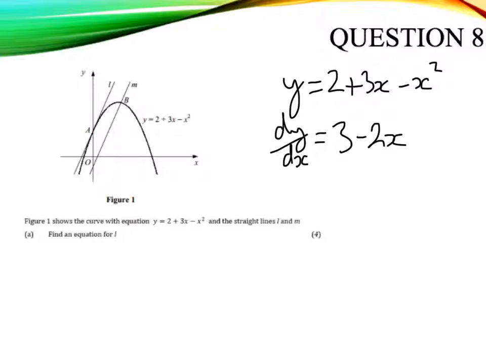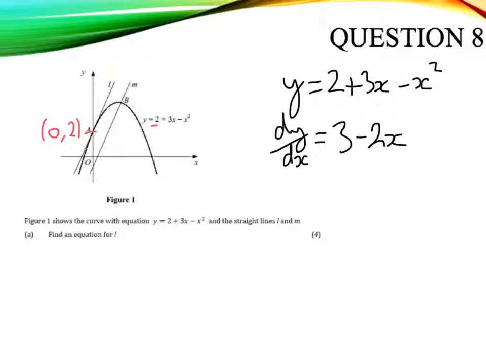The point that I'm interested in is this point here, A. Now at that point, the x coordinate is 0. I wonder what the y coordinate would be. If you're shouting it out hopefully at me, we can find it from the curve here. Look, it crosses at 2.